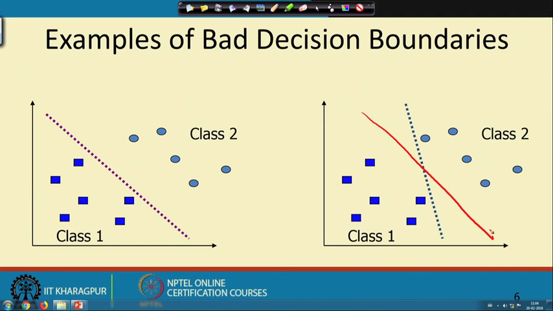Among all these training points, we find out which one is the closest to the line. For example, this is the closest to this red line. So, I drop a perpendicular from the closest point, and I call that perpendicular distance the margin of that line with respect to these points.